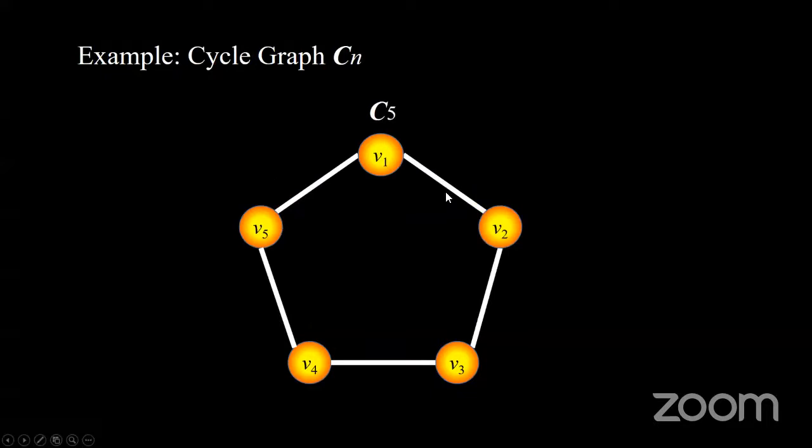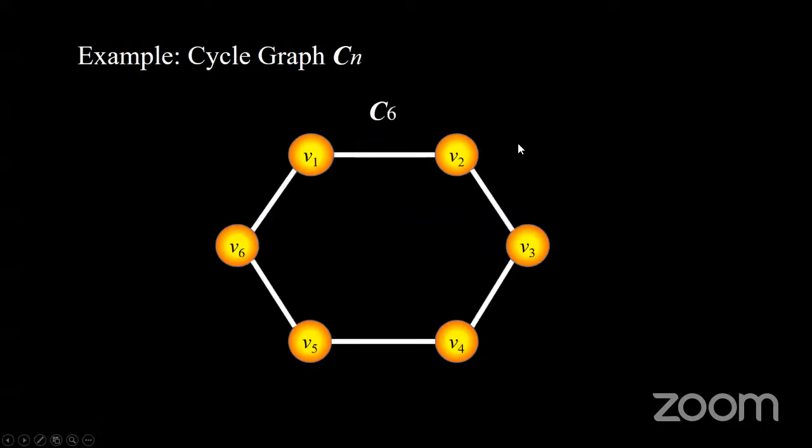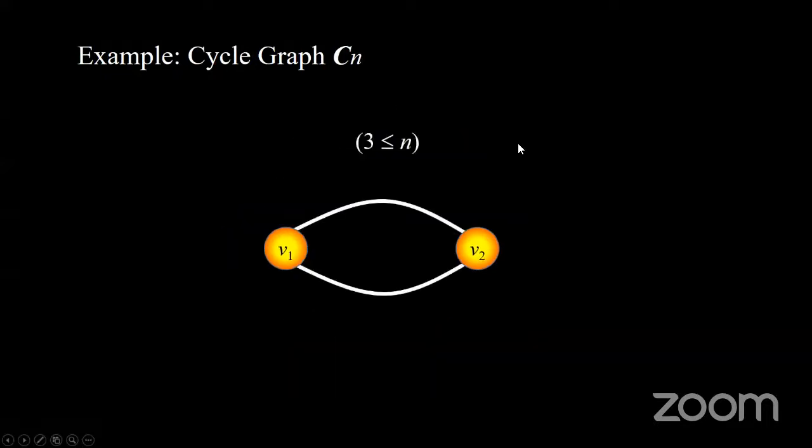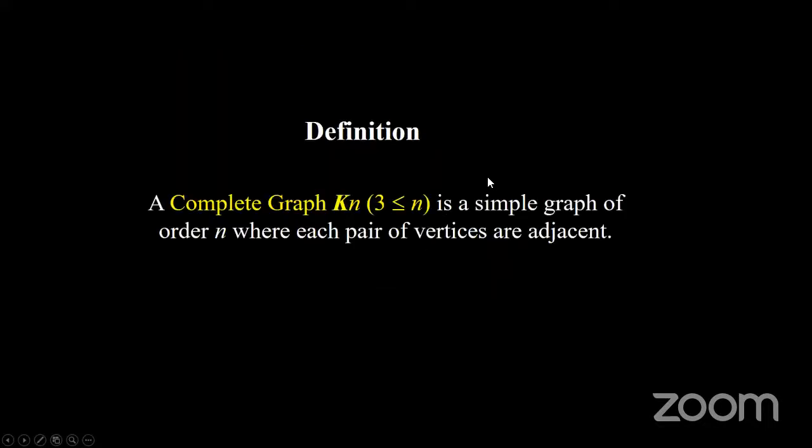C5 is a cycle with 5 vertices. C6 and so on. Yeah. So this is actually a cycle graph. It is like this for C2, but for a simple graph, C2 doesn't exist.